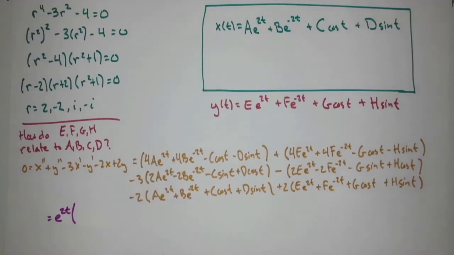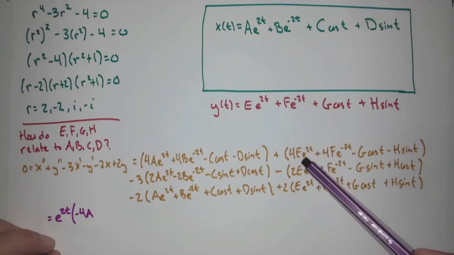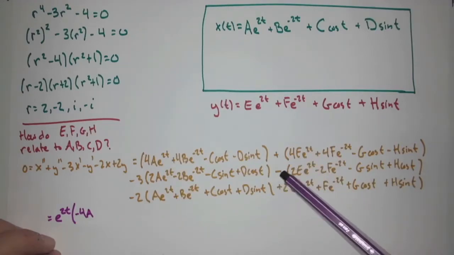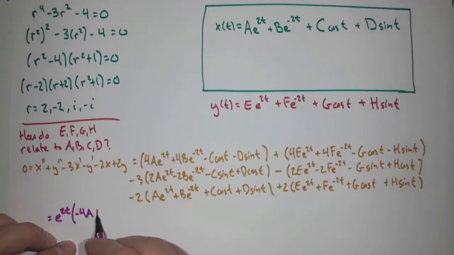If we put all those together, what do we have? Negative 4a. Okay, but that's not the only place e to 2t shows up. It also shows up over here. 4e, subtract 2e, add 2e gives us plus 4e.